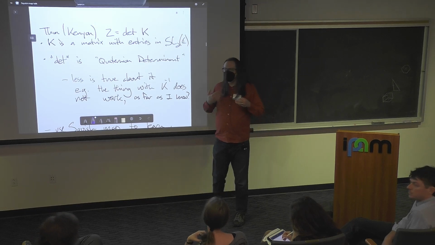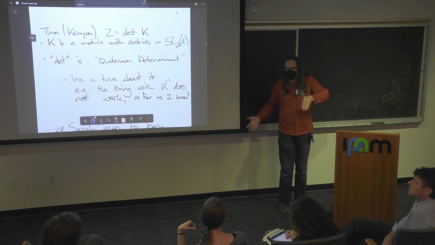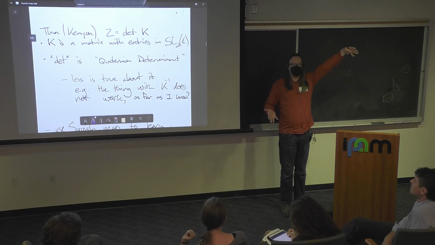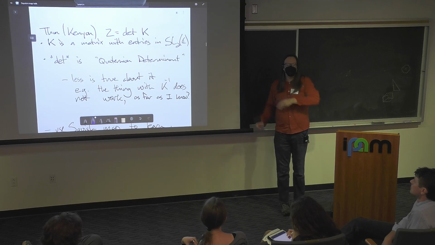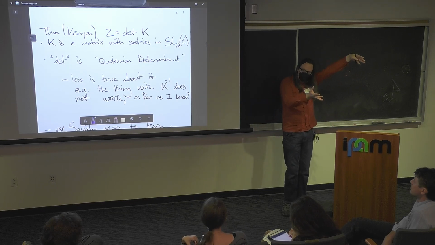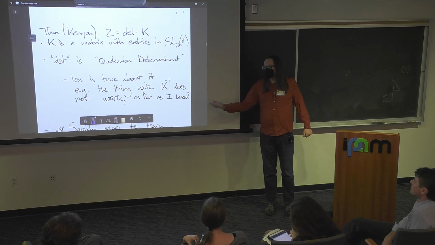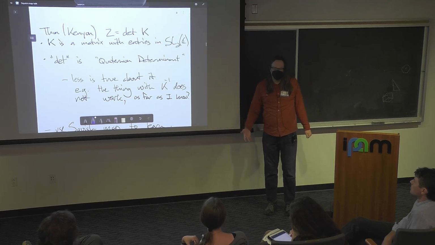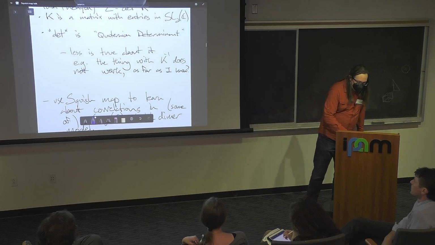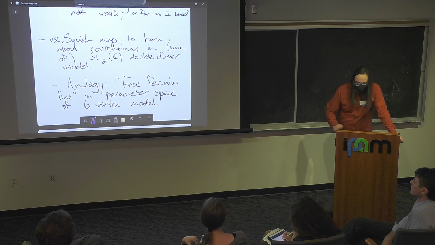Our idea was, let's see how much of this model is made up of just the single dimer model that's been squished under the squish map. I can take whatever information I know about correlations in the single dimer model and push it through to the double dimer model and learn what I learn. So that's the motivation: using the squish map to learn something about the correlations.